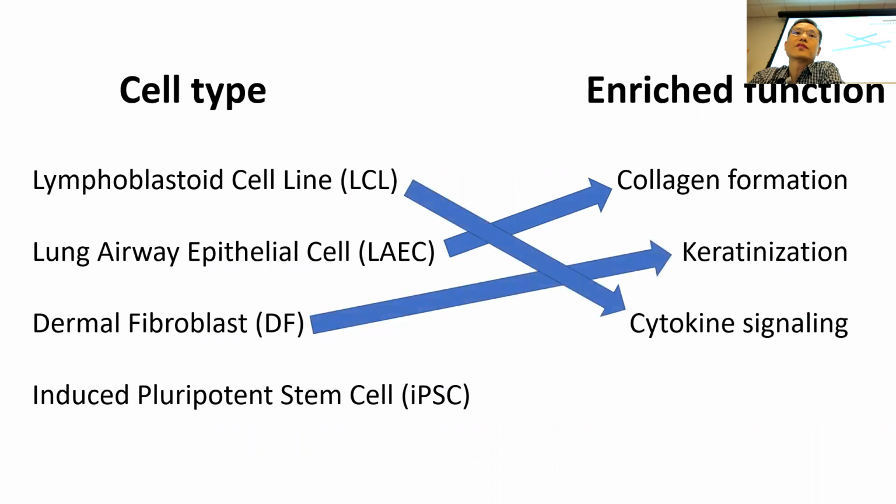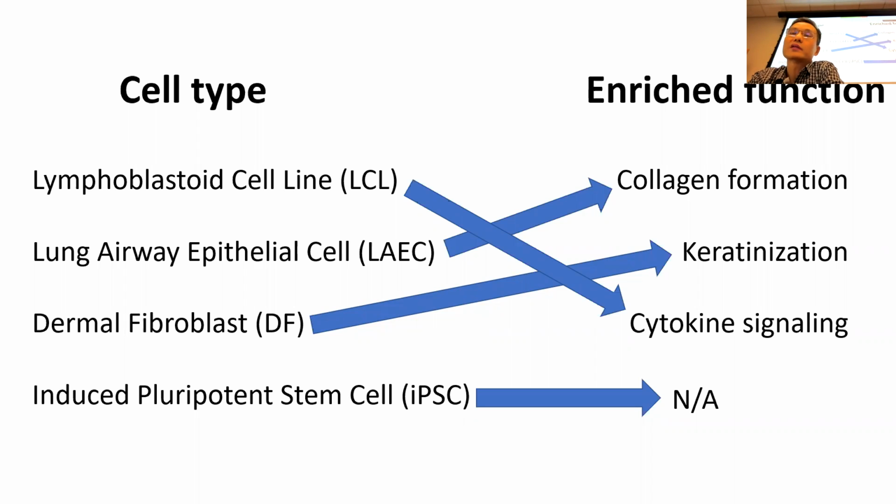So the differentiated cell types all have registered or committed functions, while iPSCs have no functions you can identify because there are no highly variable genes.